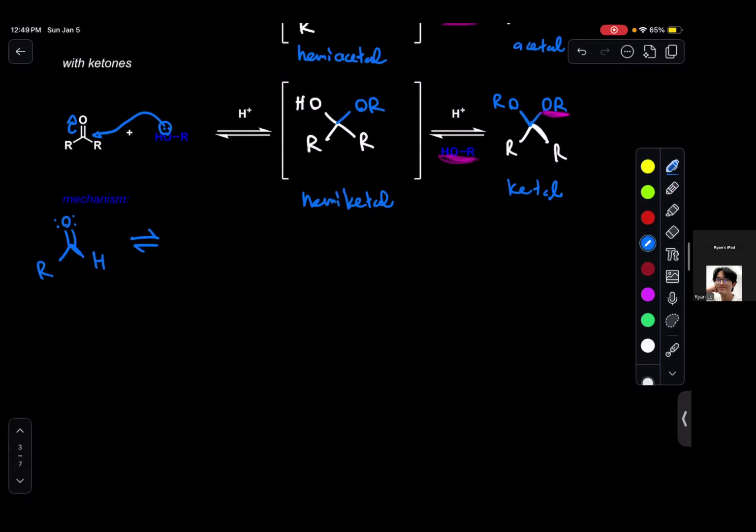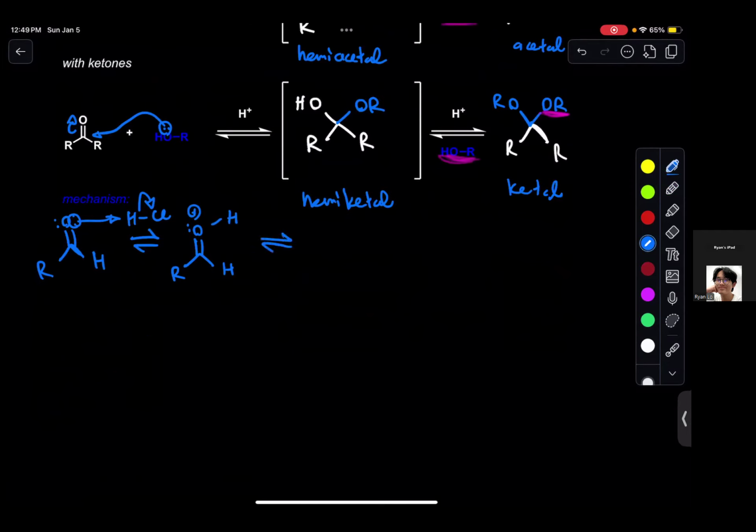But assuming that you have acidic conditions, so you have HCl goes onto here, this pops off onto here. Quick proton transfer. You end up with something along the lines of this. And then from here, you have your R group popping up here.